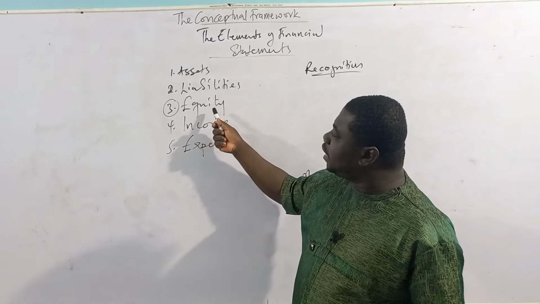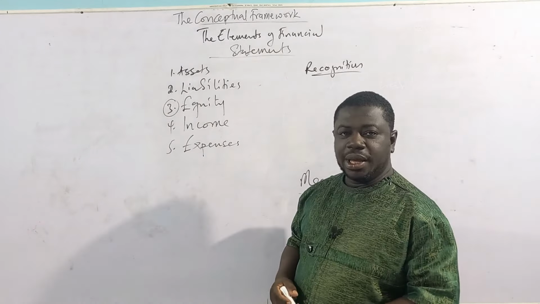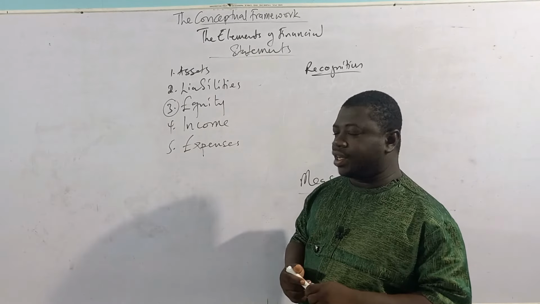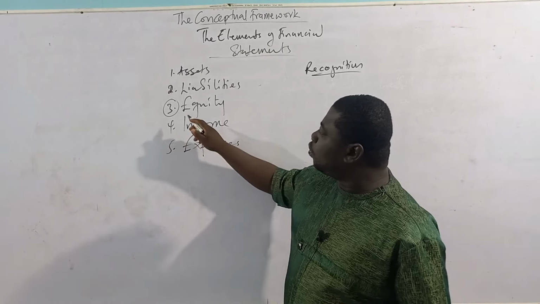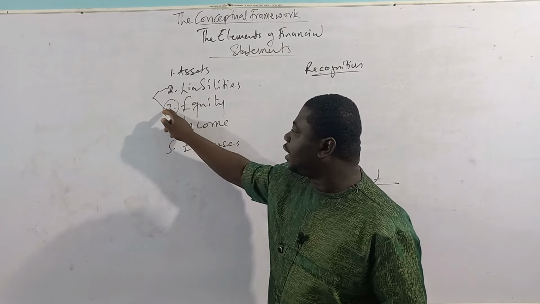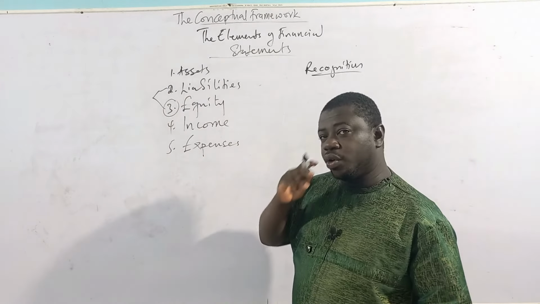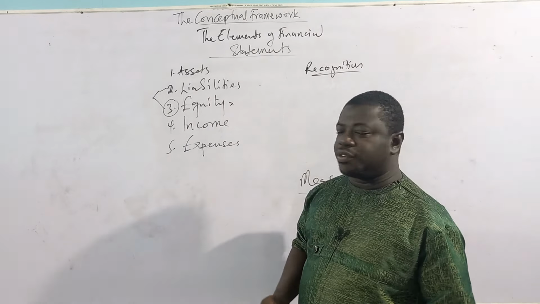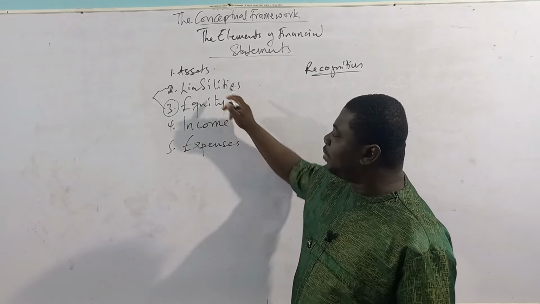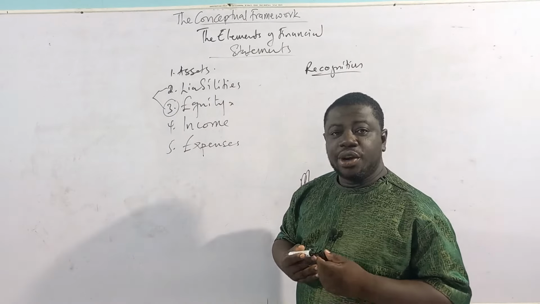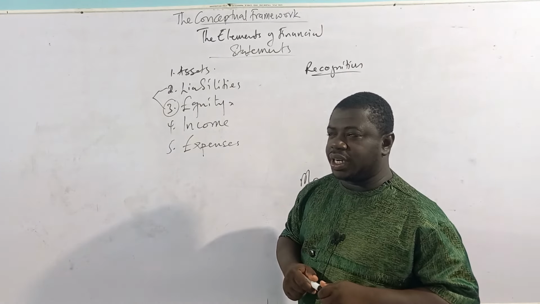So the equity is a special kind of liability, but it is separated because it relates to the owners. So when I talk about recognition and measurement of a liability, the same will apply for equity, because the conceptual framework really didn't talk about recognition and measurement for equity. It talks about asset, liabilities, income, and expense. But we know that equities fall in line with liabilities. That is what I want you to understand.